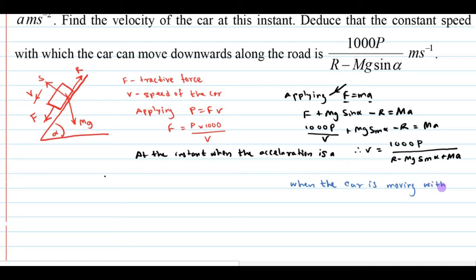When the car is moving with constant speed, a will be 0. a is equal to 0. Therefore, V is equal to 1000 P divided by R minus mg sin alpha.